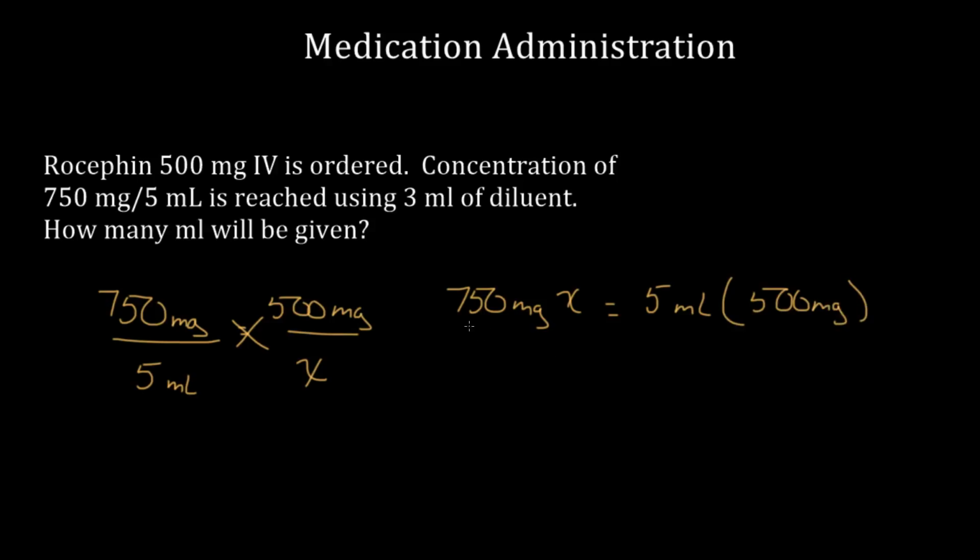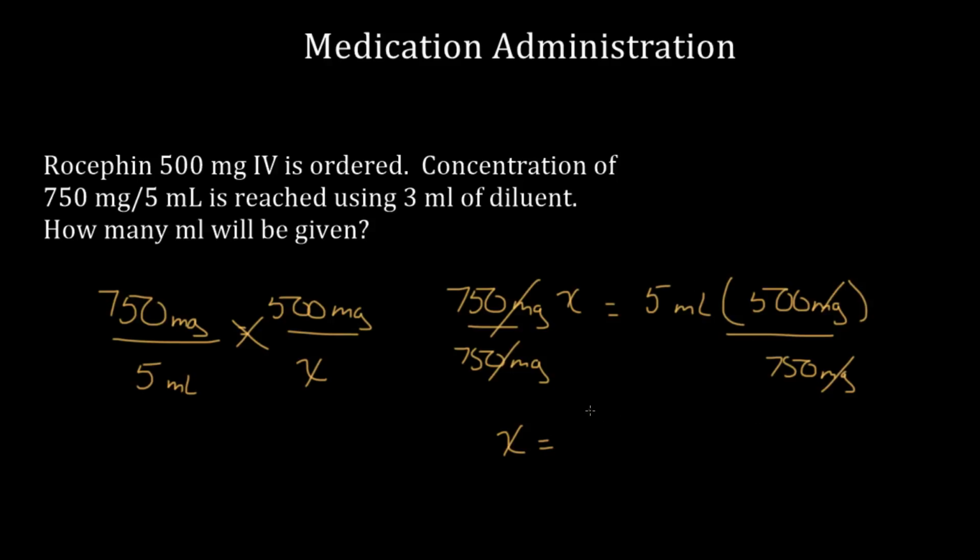We'll divide both sides by 750 milligrams. These reduce. We're left with x, which is the amount that we're going to give. The milligrams reduce.